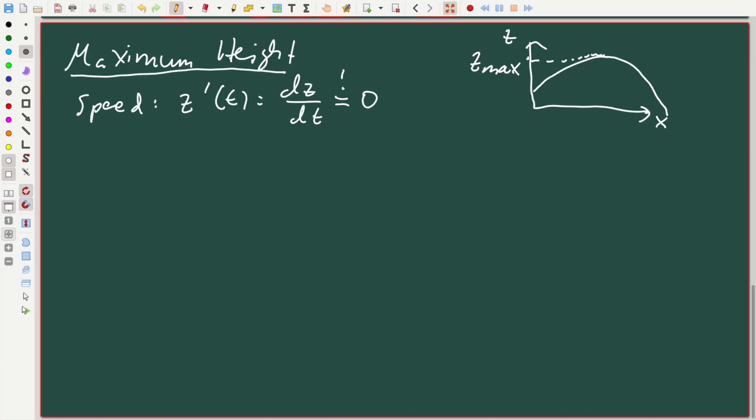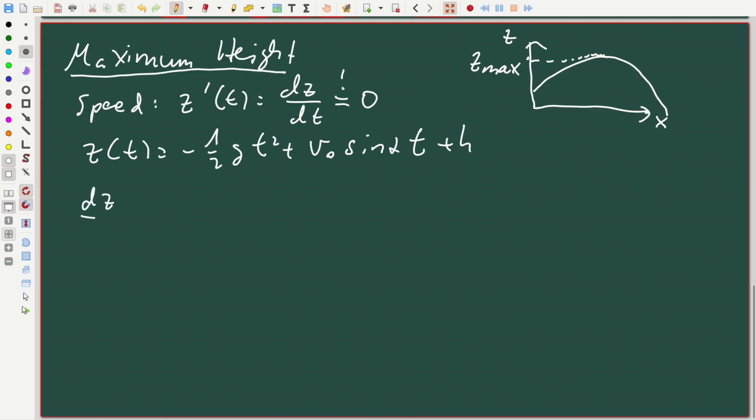So now let me briefly write down z of t once more, which was given as minus 1/2 g t squared plus v0 times sine alpha times t plus h. And for this we have to now calculate the derivative with respect to t.